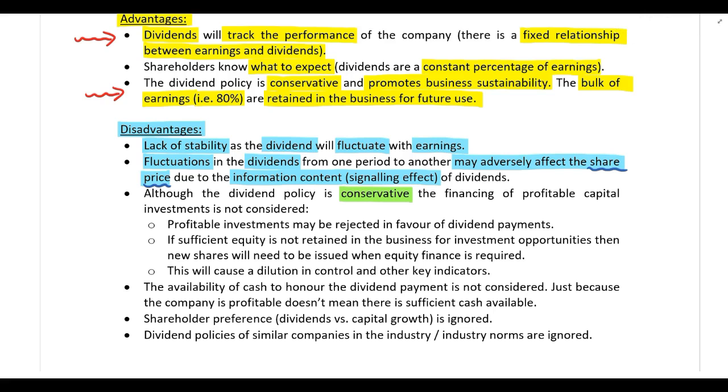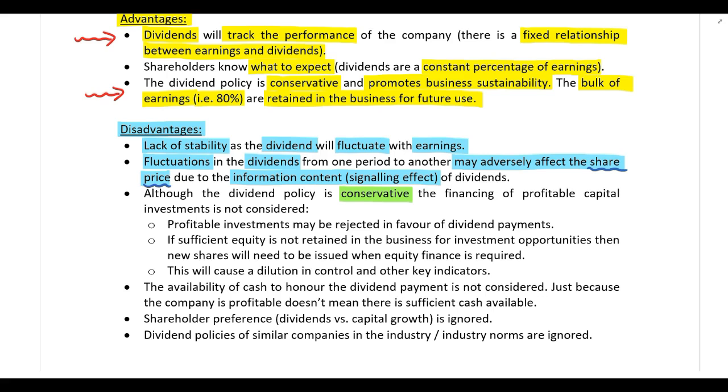Every year they just go, this is the earnings figure, 20% will be paid out as a dividend. There might be a year where the company actually shouldn't be paying any dividends because there are so many profitable investments, it would be better for them to rather invest and keep the money in the company. By having a constant payout ratio or a constant cover, they don't even consider this. Every year they just always pay out the same percentage.